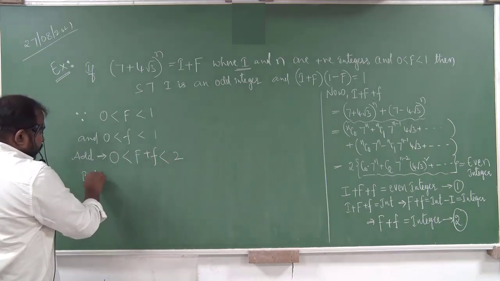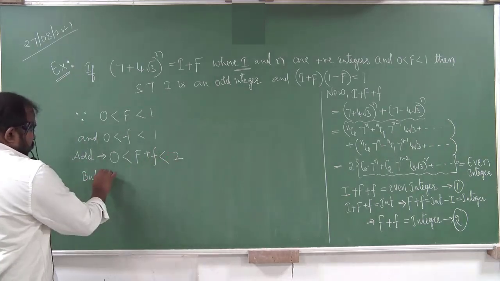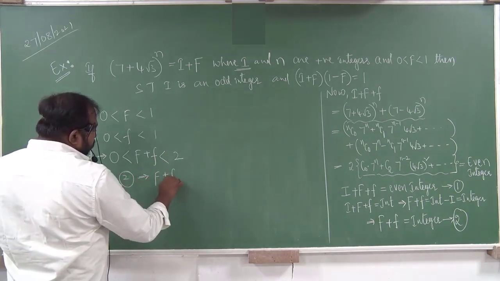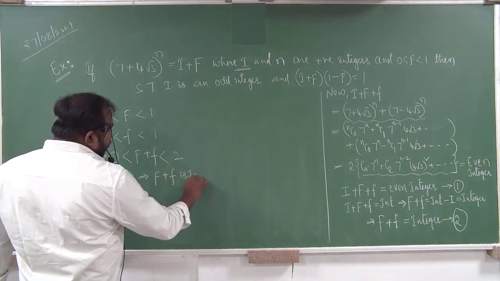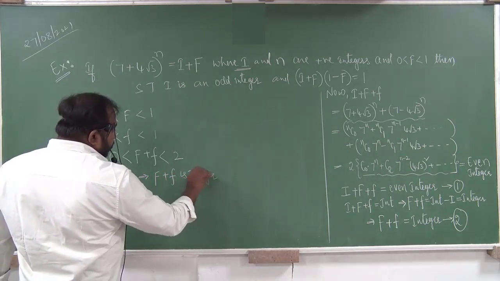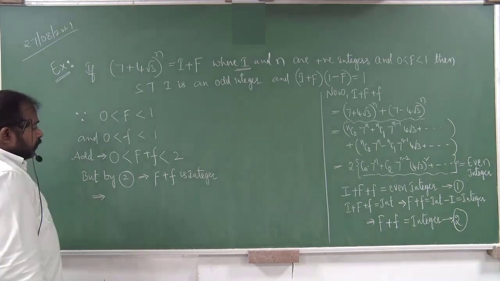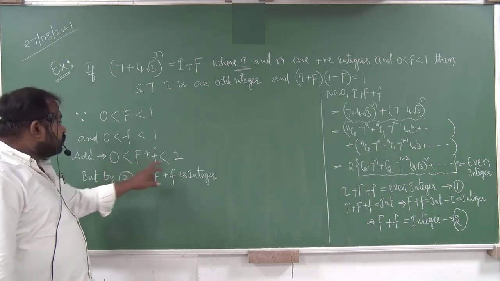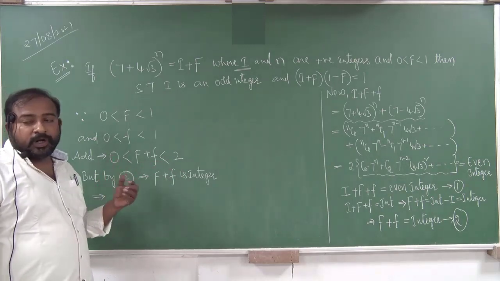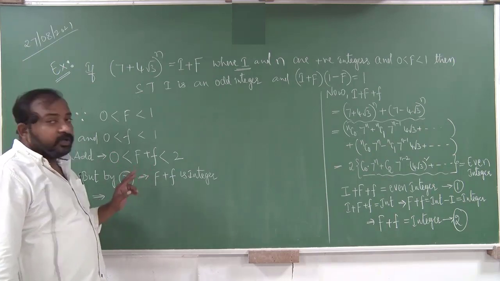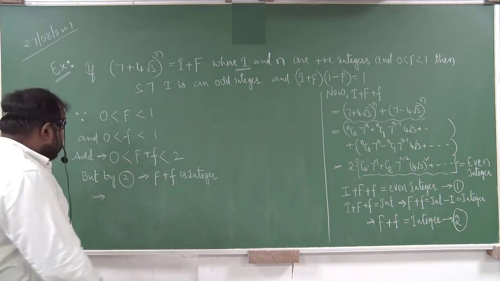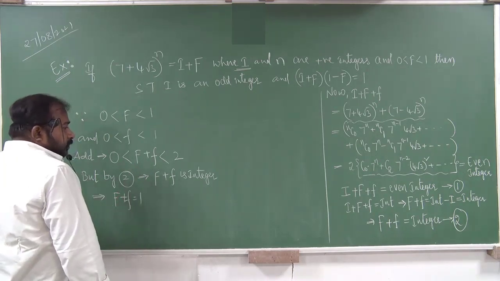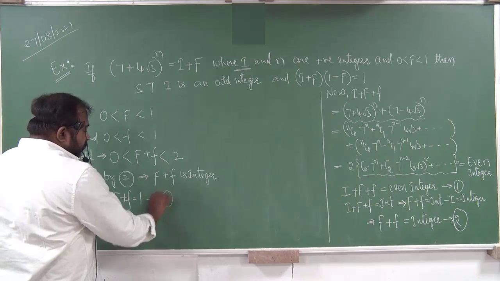But by the second equation, capital F plus small f is an integer value. So capital F plus small f is an integral value which lies between 0 and 2. So obviously, what is the possibility for capital F plus small f? Simple, only one possibility: capital F plus small f is equal to 1. Got it now? This is equation number 3.